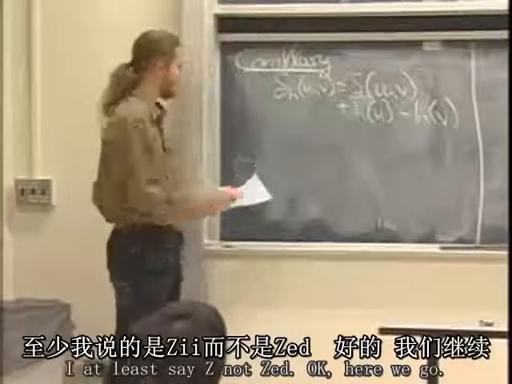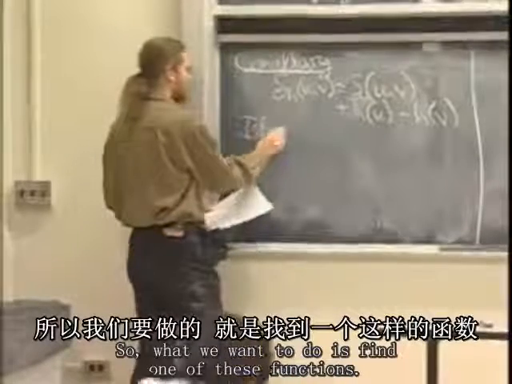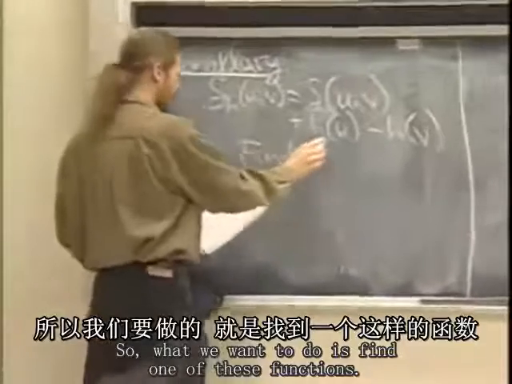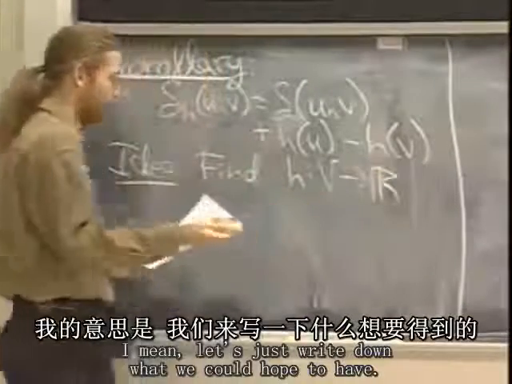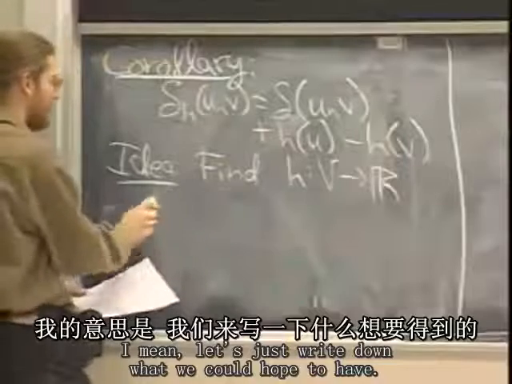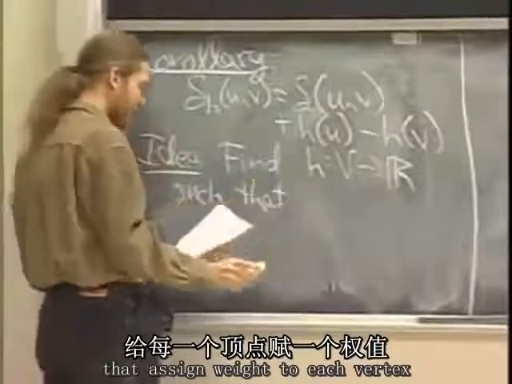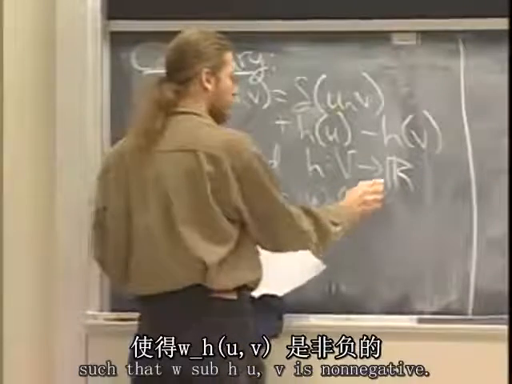All right. Here we go. So what we want to do is find one of these functions. Let's just write down what we could hope to have. We want to find a reweighting function h that assigns a weight to each vertex such that w sub h of uv is non-negative.